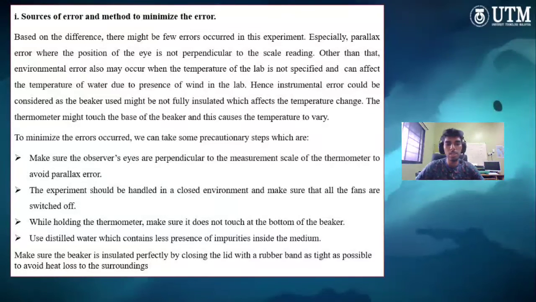While holding the thermometer, make sure it does not touch the bottom of the beaker, so that we can get an accurate value of temperature. We can also use distilled water, which contains less impurities compared to normal pipe water. Make sure the beaker is insulated perfectly by closing the lid with the rubber band as tight as possible to avoid any heat loss to the surroundings.